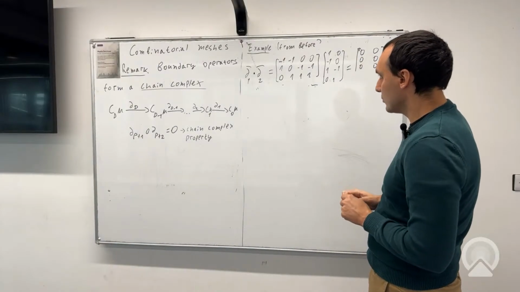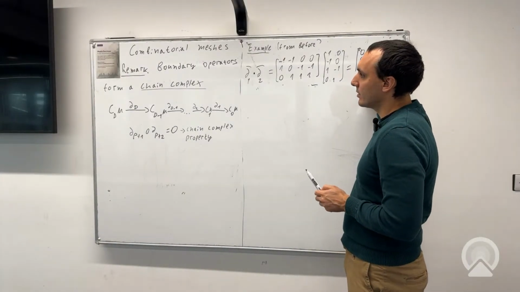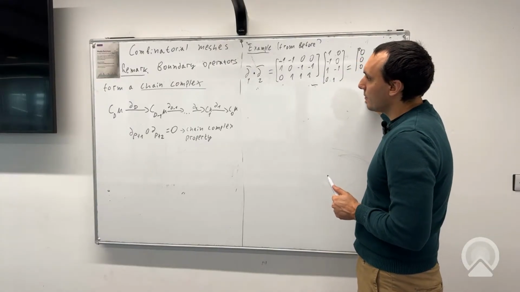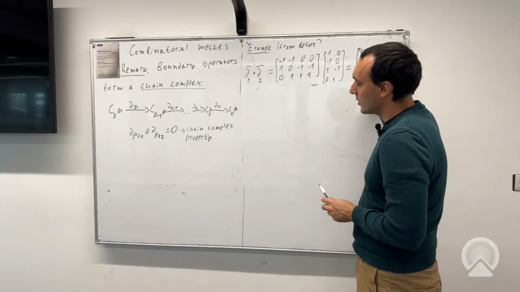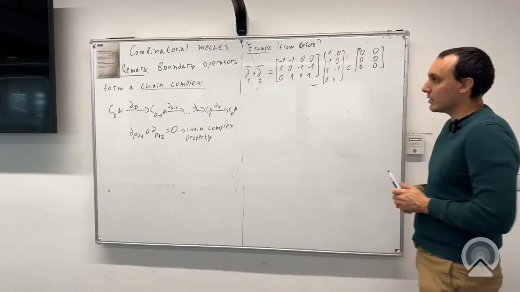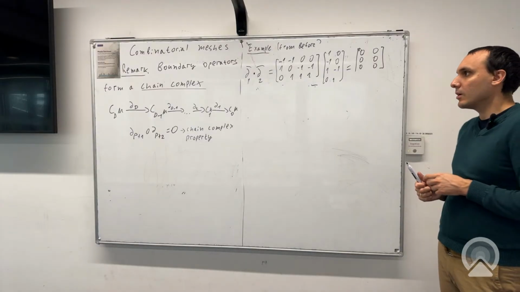Now the dual space. These are formal combinations of chains, and the dual space will be functions on those formal linear combinations, linear functions, which is equivalent to giving a number to each cell.